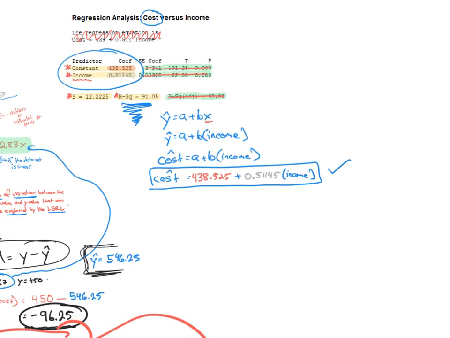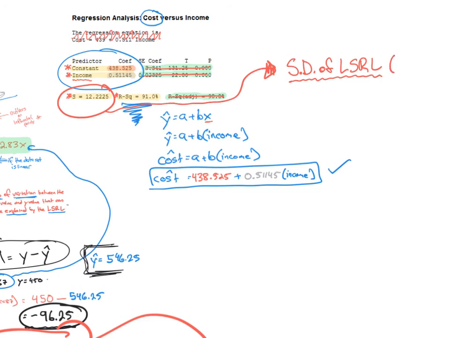So one other thing that's on here then is the S value. The S value, when you're looking at one of these graphs, is the standard deviation of the least squares regression line. Standard deviation of the least squares regression line. So you're like, so what? Well, the least squares regression line standard deviation is based on residuals.